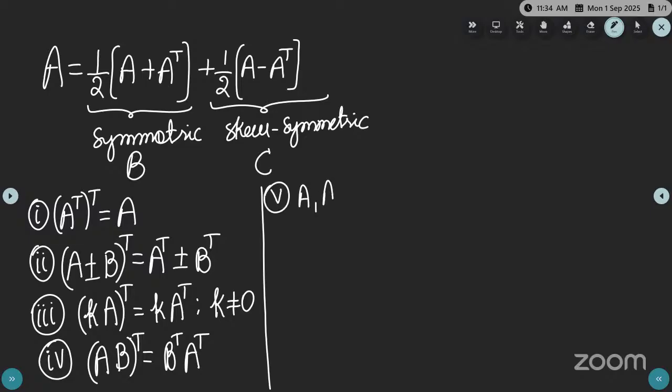Next, (A1, A2, and so on, AN) whole transpose equals... Can somebody say now how you can write?